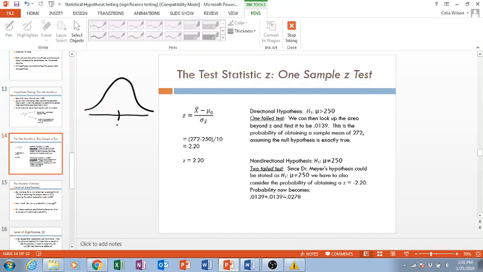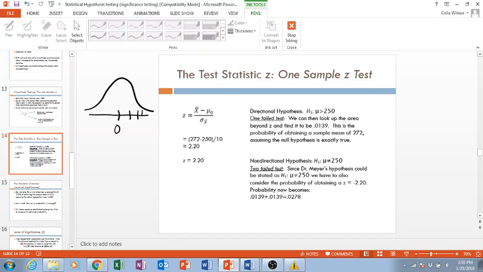Okay, so remember, z-scores always have a mean of 0 and a standard deviation of 1. So we got 1, 2. And so 2.2 is going to be about right there, isn't it? That value is going to be pretty close to 2. So it's going to be like right there.